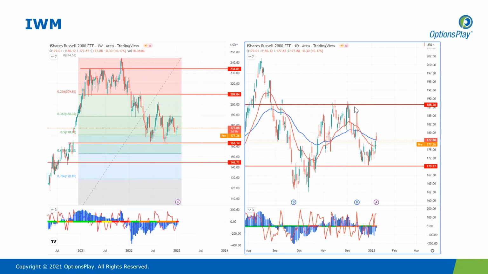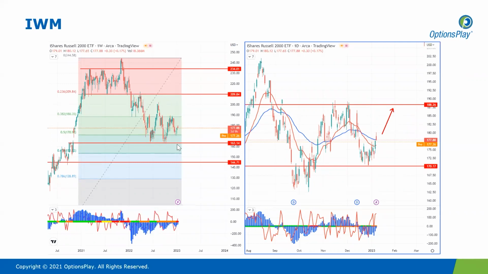Key area of resistance would be at 188, should we see a market rally in the next few weeks. But we have support not only at 170, but also at this 163 level, which provides weekly support and a bit of a double bottom. Overall, the trend does remain bearish, but we are seeing that capitulation formation here.